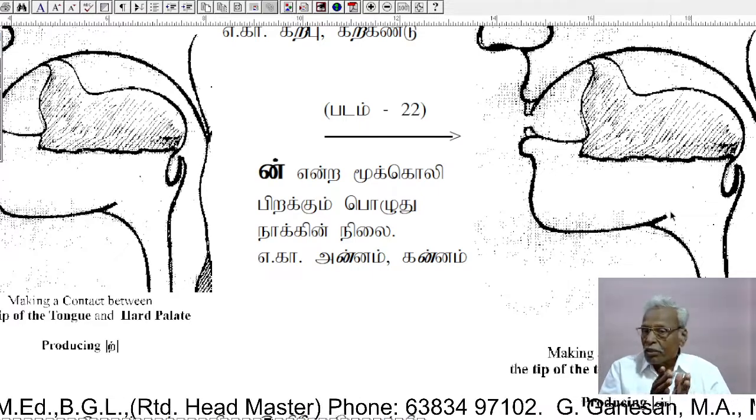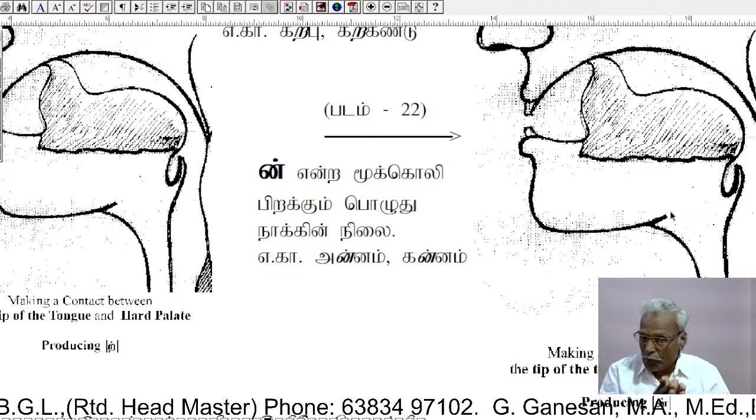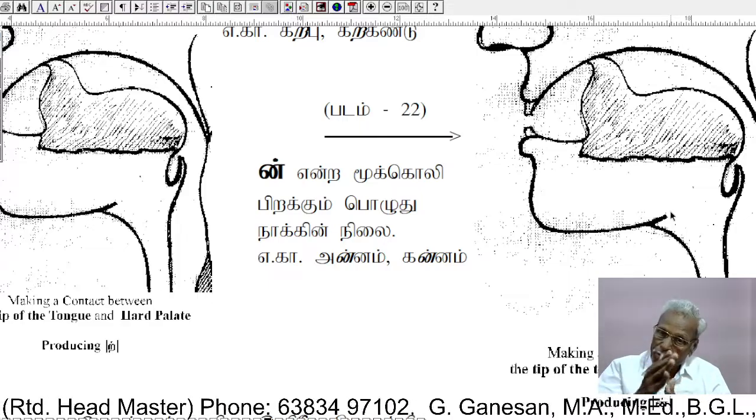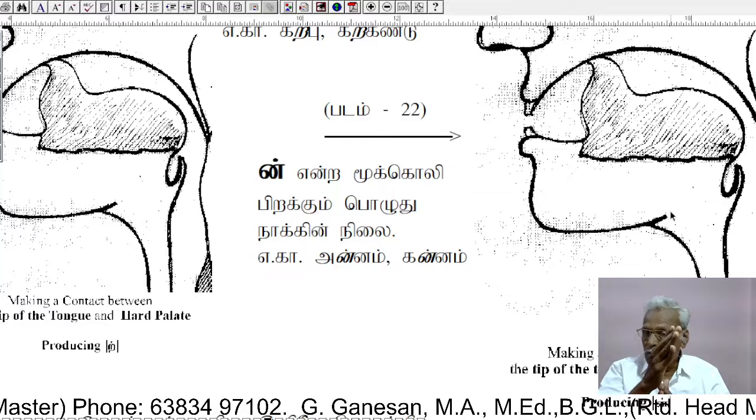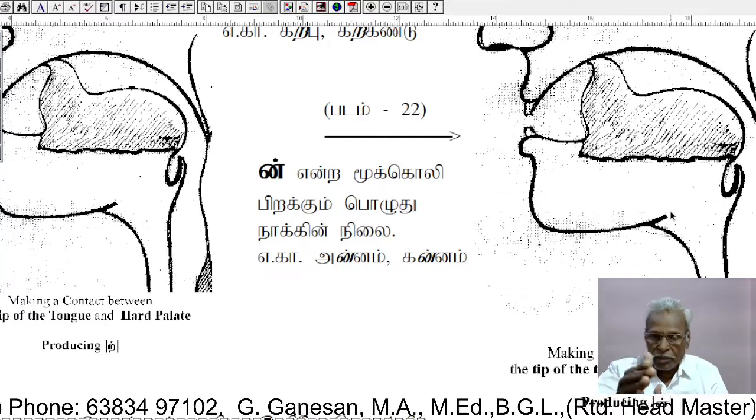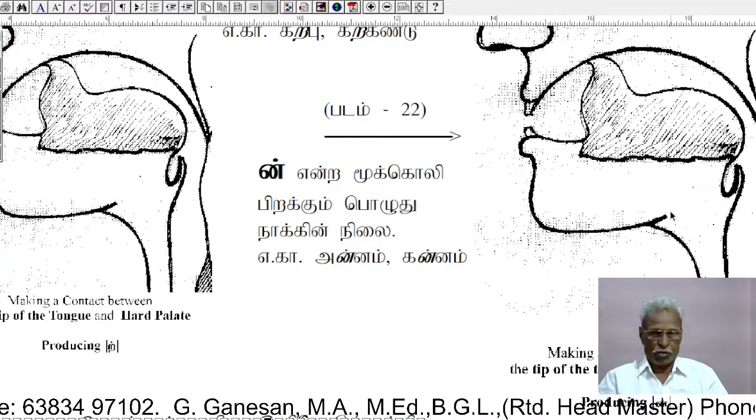That is, the phoneme in is produced by raising the tip of the tongue towards the middle of the roof and sending out the air through the nose.